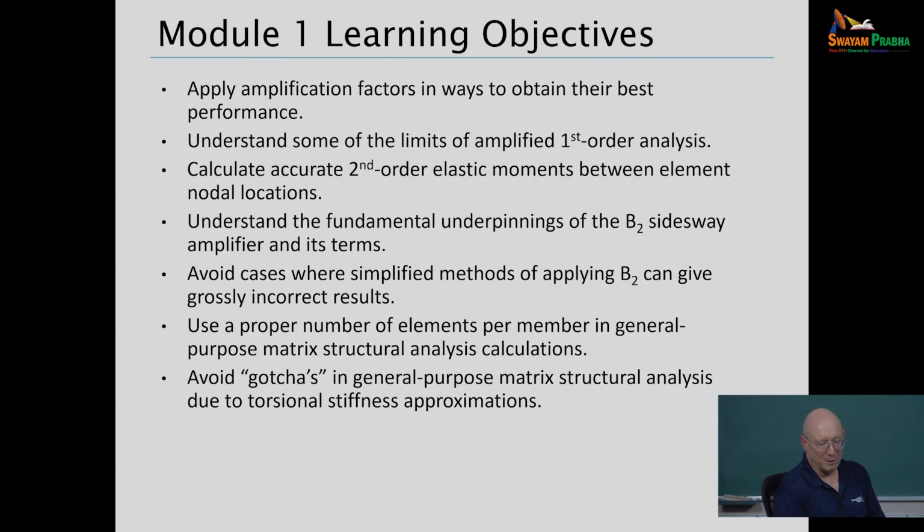We'll also look to understand, in terms of accuracy, how many elements we need per member for a general purpose type of structural analysis. That's what we'll be applying in Consteel. And particularly, there are some gotchas when it comes to use of general purpose software with torsional stiffness approximations.